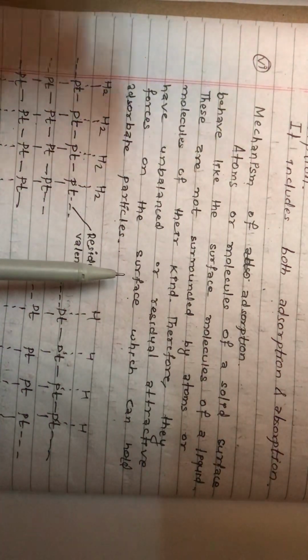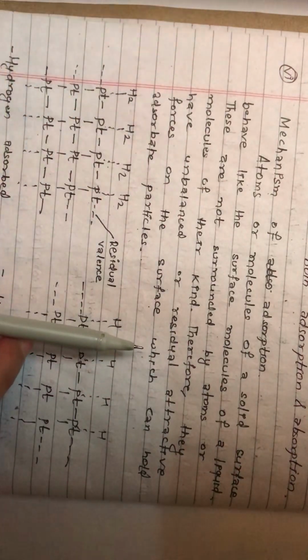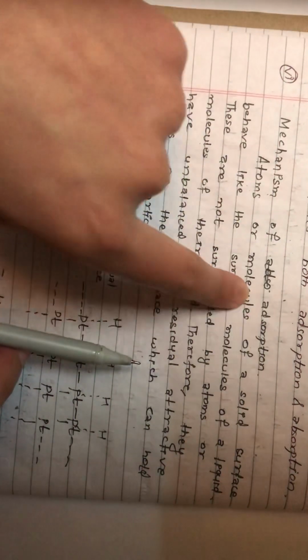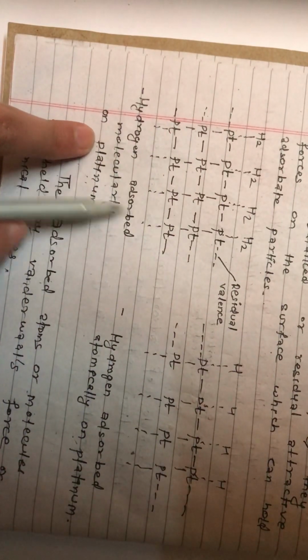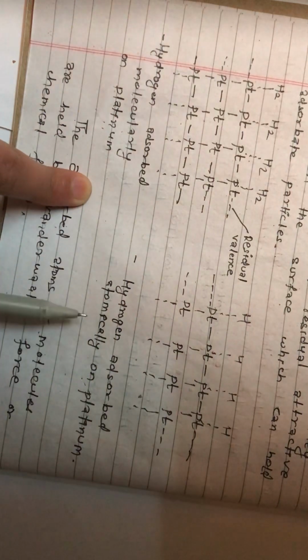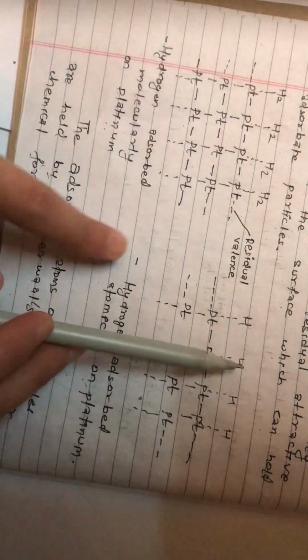So because of that, they build this residual force that gives this adsorption. The examples are hydrogen adsorbed molecularly on platinum, and hydrogen adsorbed atomically on platinum. This is the hydrogen molecule and the hydrogen atom.